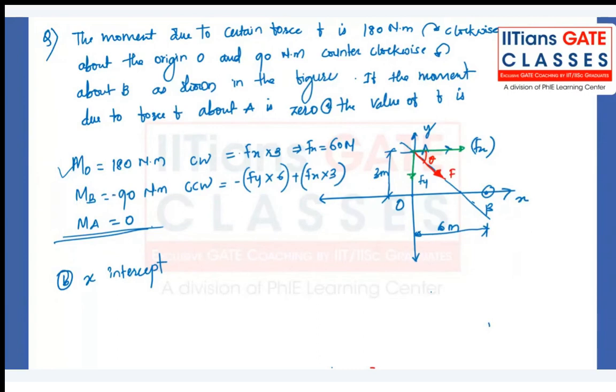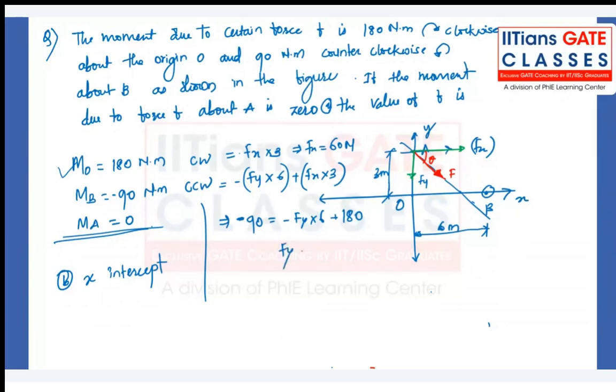So now you know the value of Fx. Fx is 60. So if you put the value here, you will get the value of Fy. Let me rewrite here. Minus 90 is equal to minus Fy into 6 plus 60 into 3, which is 180. So 180 minus 6 times Fy is equal to minus 90, and if you calculate it, you will get Fy is equal to 45 Newton.